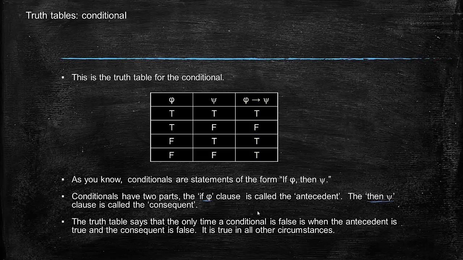Okay, so there's the antecedent and the consequent. And so the truth table says that the only time a conditional is false is when the antecedent is true and the consequent is false. In all other times, the conditional is true.